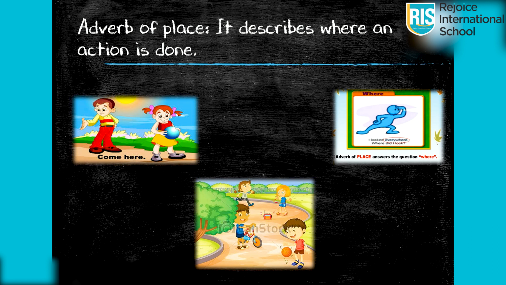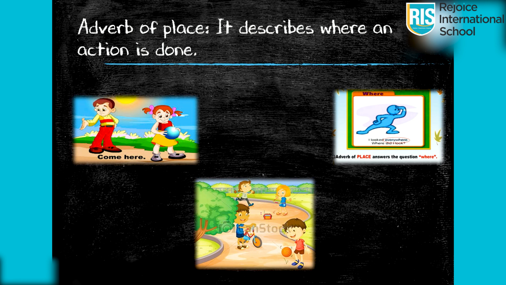Ask the question to the verb where the children have to come. It is giving you the answer here. So here becomes adverb of place. It is indicating you the location, and the different adverb of place are here, everywhere, outside, around.